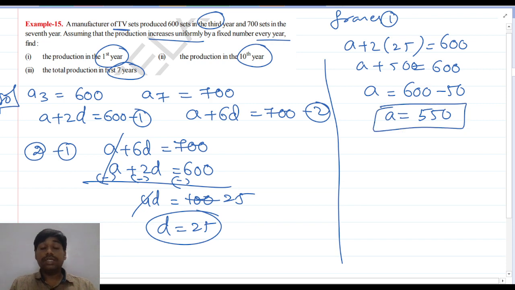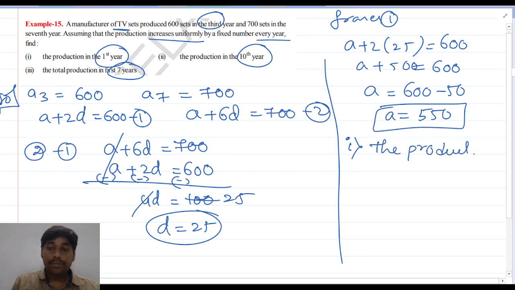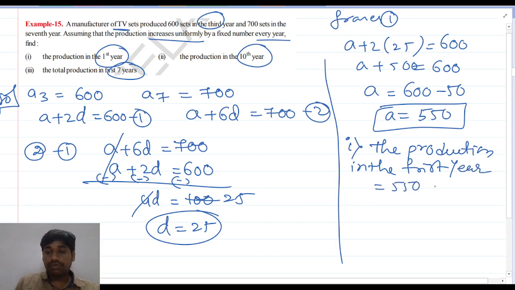So in the first year he produced 550 TVs. So the first answer we got: production in the first year is equal to 550 TVs.